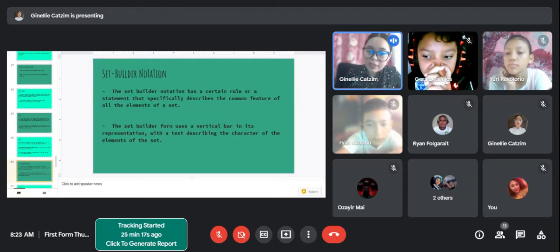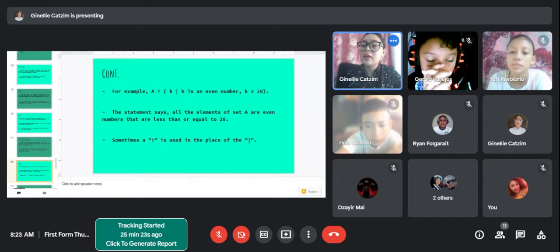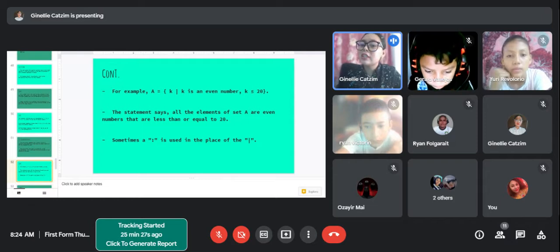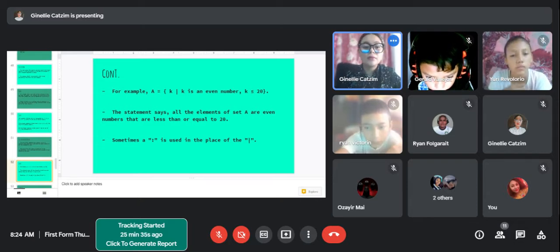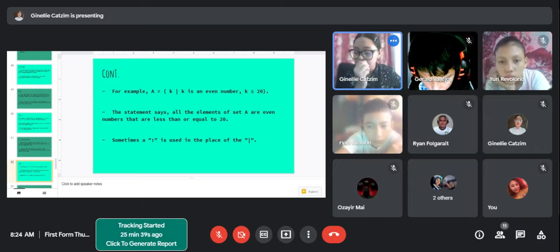And the set builder notation is the one separated by a vertical bar and it has like a little condition, right? But if it does not have the description, it will have the condition. So this is basically the 3 types of representing a set. Do you have any questions?